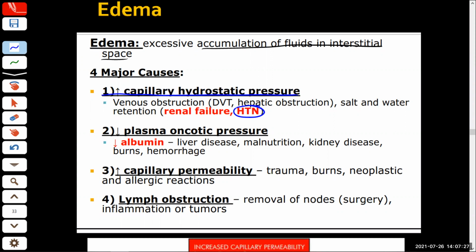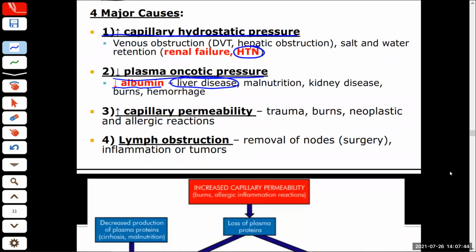Okay. Decrease in plasma oncotic pressure because I have less albumin. Why would I have less albumin? What organ is dysfunctional? Liver. Increased capillary permeability. Oh God, that rings bells. Brings dark repressed memories from exam 1, doesn't it?